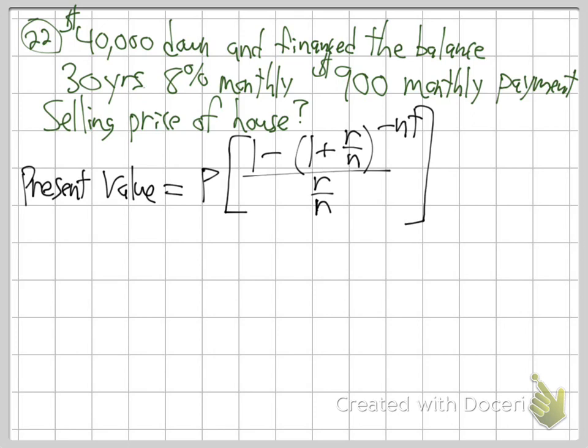Okay, so let's plug it in now. Yeah, let's forget about that 40,000. This one's got a little one extra step. It won't be bad. We'll handle that at the end. Just forget about the 40,000.